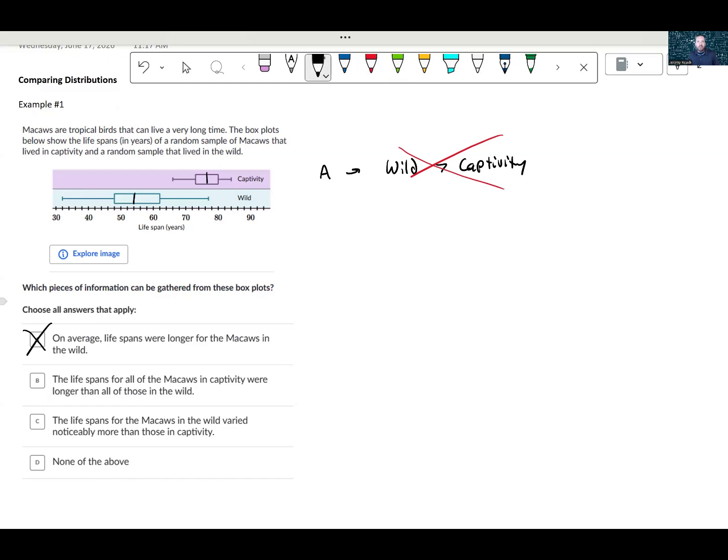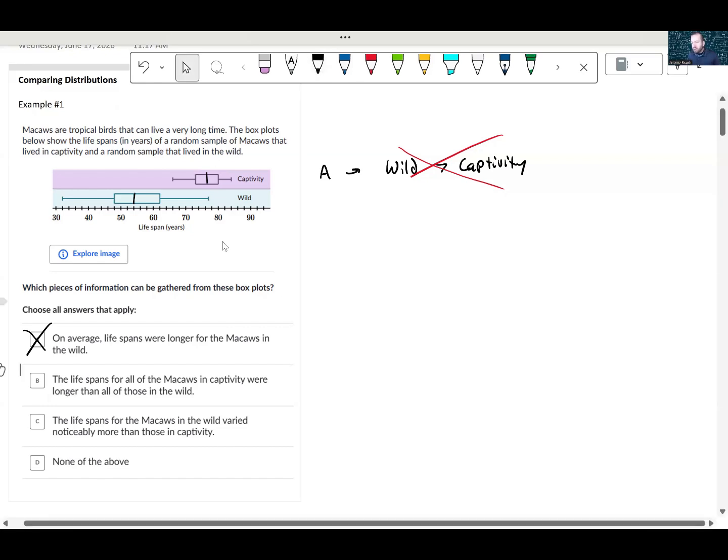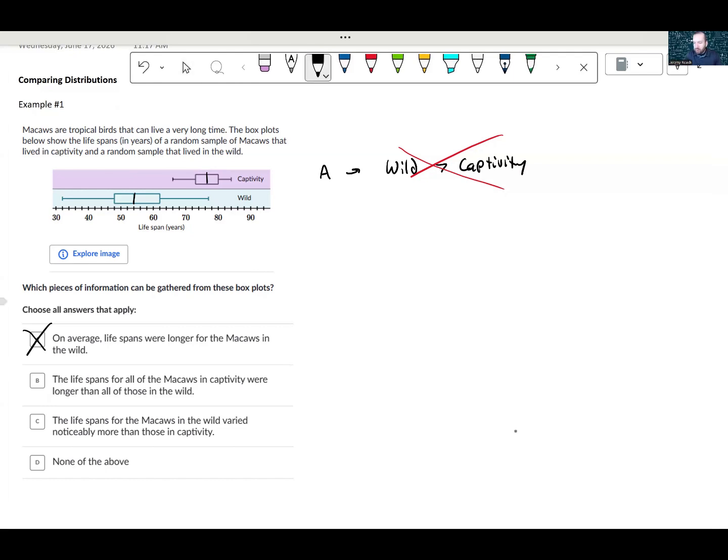For answer choice B, it says the lifespans for all macaws in captivity were longer than those in the wild. Now this one says for every bird in each category. So the lifespan for all the macaws in captivity would include this minimum outlier, and for all of the macaws in the wild would include this maximum outlier.